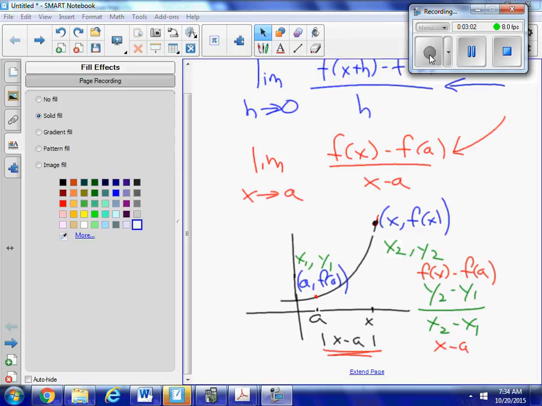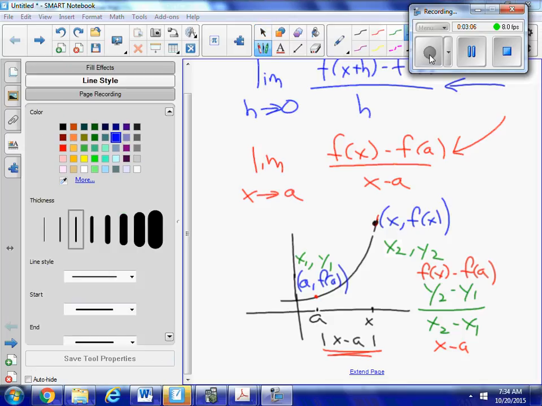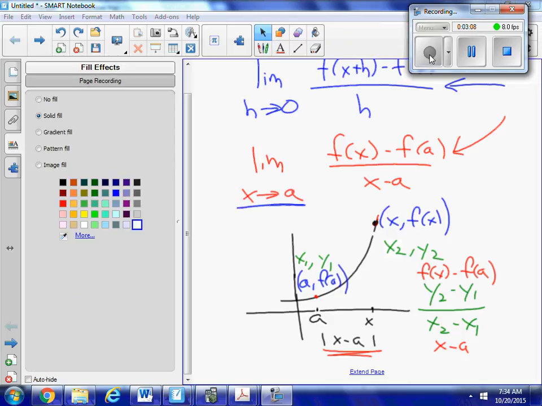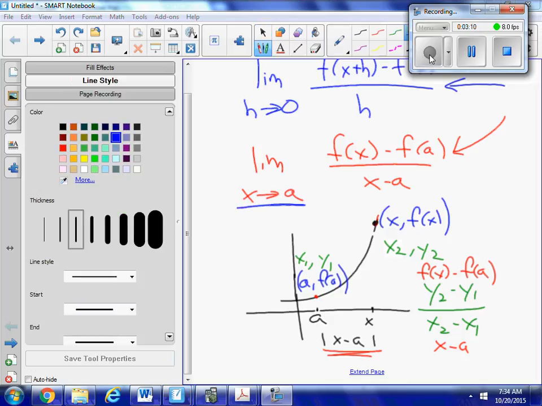So again, as x approaches a, I'm going the opposite direction, I guess, although it doesn't really matter. As this point here gets closer and closer to a, so the distance between those two points essentially becomes 0, the limit is 0, then I have the slope of the line at that particular point a.